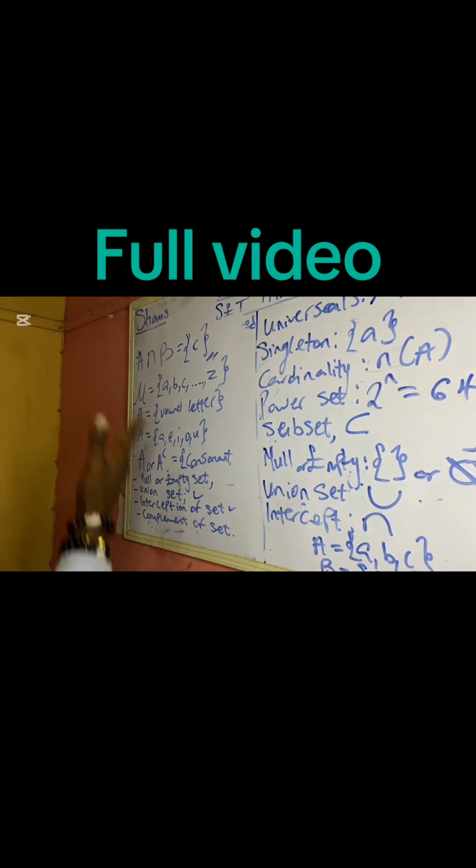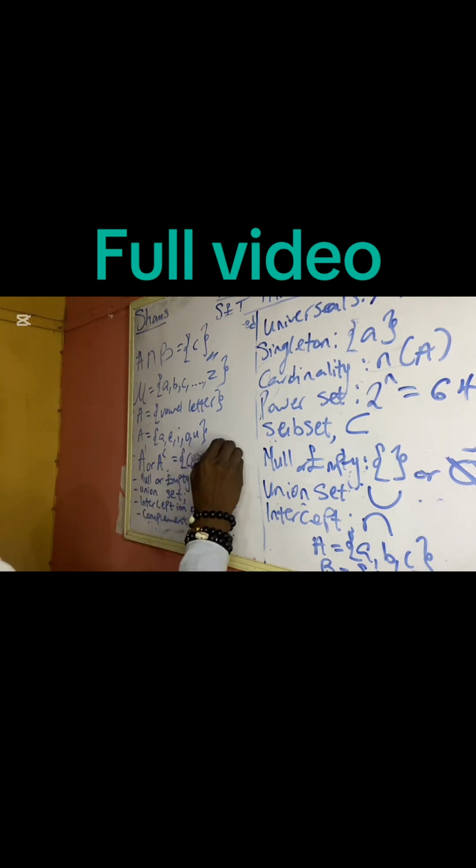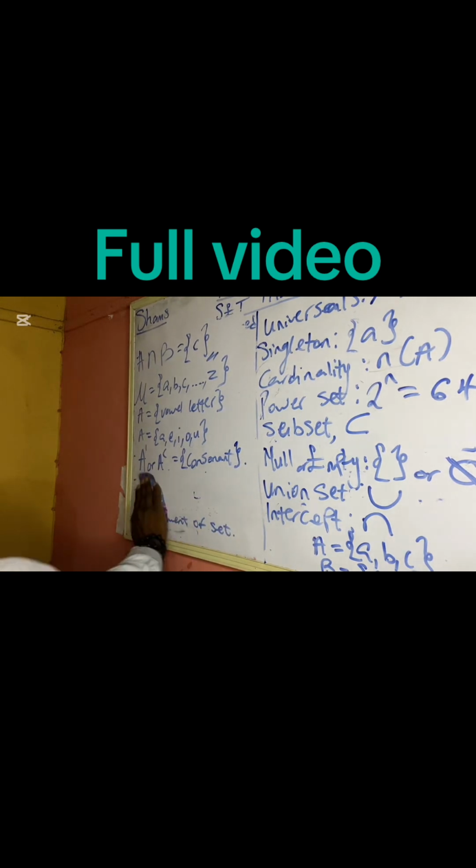B, C, D, F, G, H, J, K, etc. And those letters, they are called consonant letters.